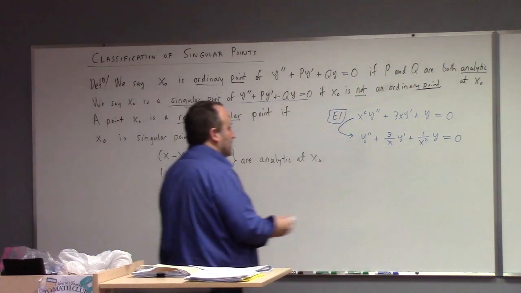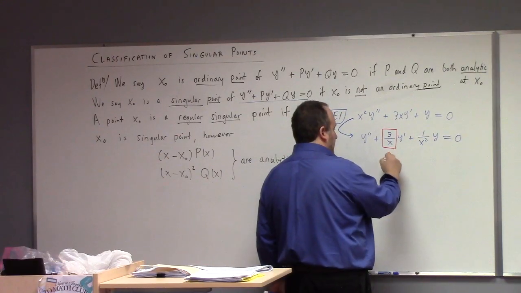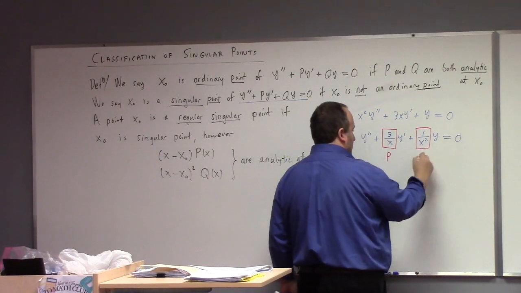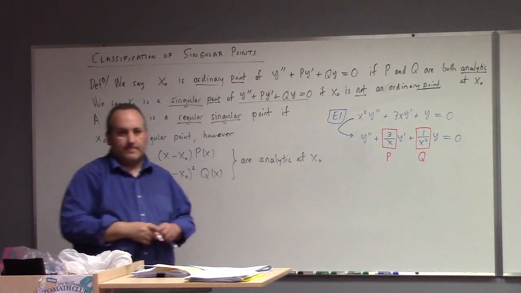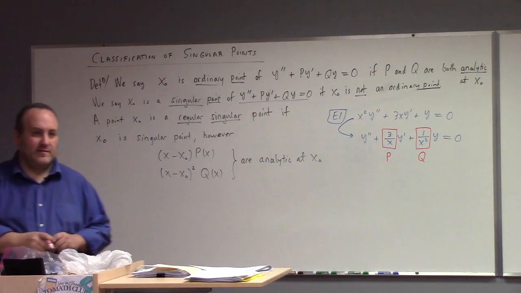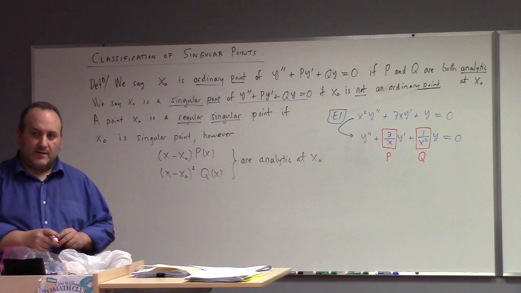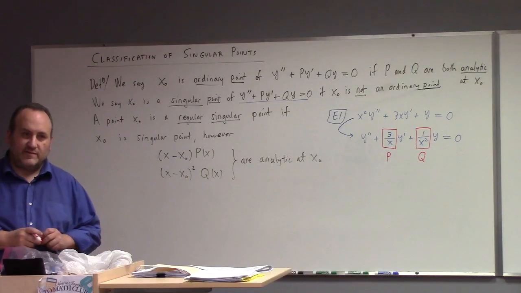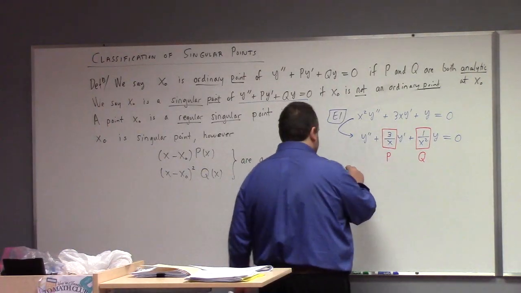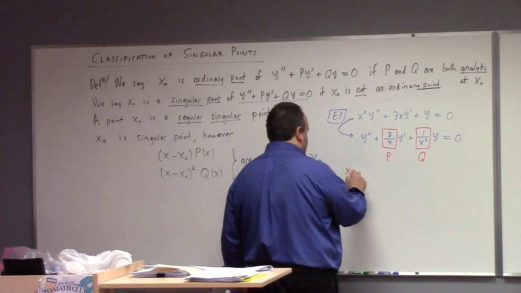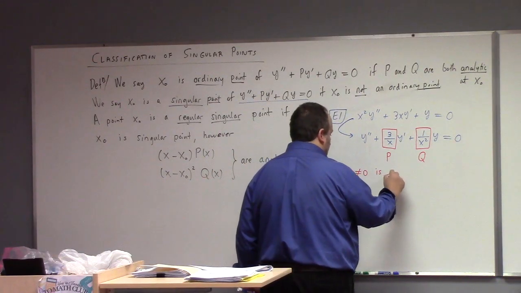So this right here would be P. This right here would be Q in my definition. And you guys tell me, is x naught an ordinary point or a singular point? I'll start you out with x naught not equal to 0 is a what?